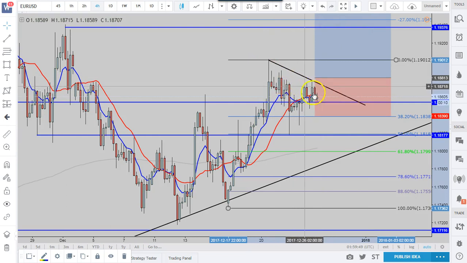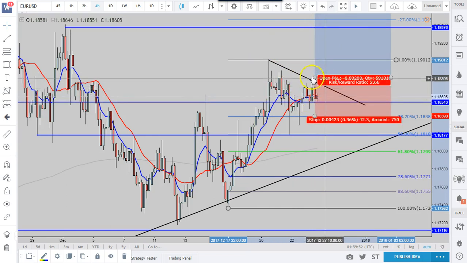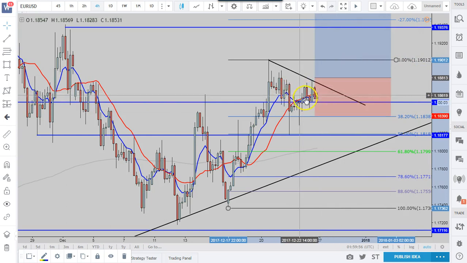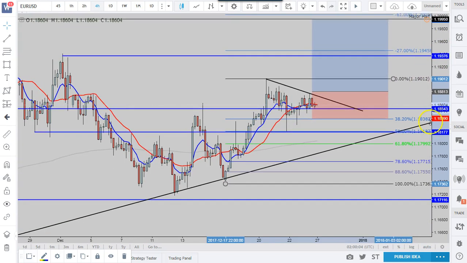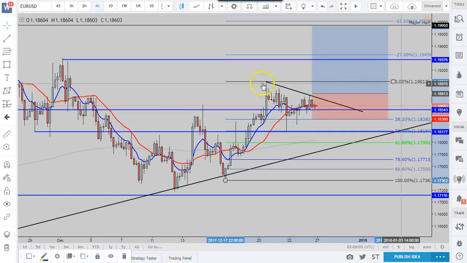So I'm expecting price to break above this counter trend line and also close above these moving averages, and the moving averages will also cross to the upside for a move. First target should be at the minus 27 extension. Second target should be at the minus 61% extension level.